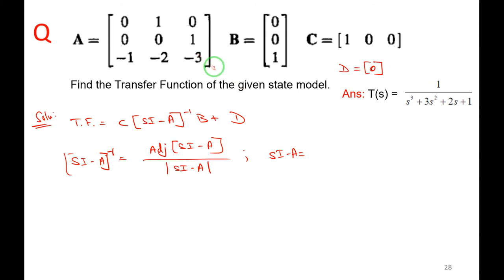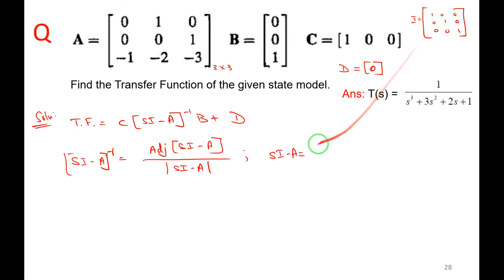So what is matrix A? It is 3 cross 3, 3 rows, 3 columns. So I should take the identity matrix also 3 cross 3 and multiply with s. So the 3 cross 3 identity matrix, what is I? I is equal to 1, 0, 0, 0, 1, 0, 0, 0, 1. This is 3 cross 3, same as A, right?